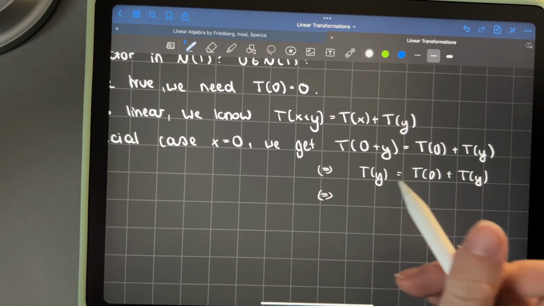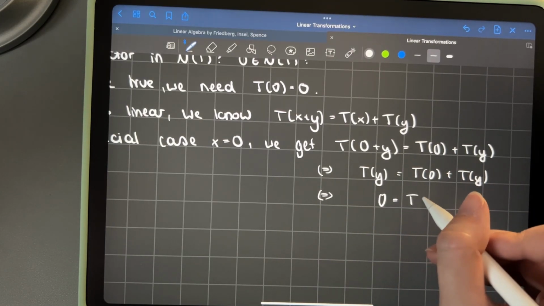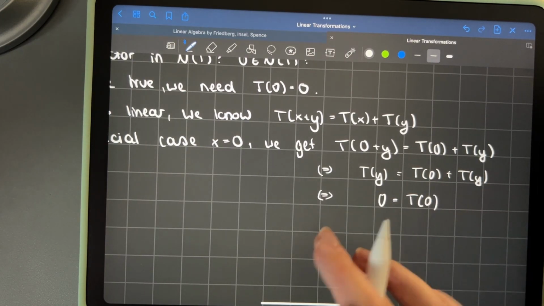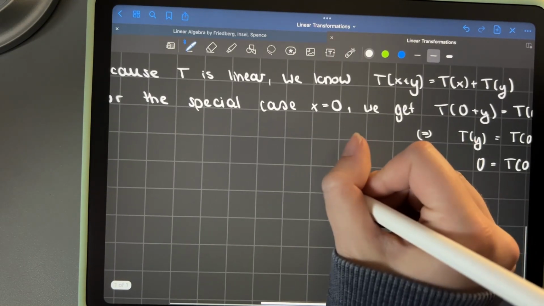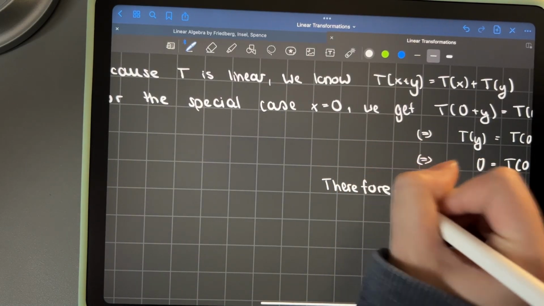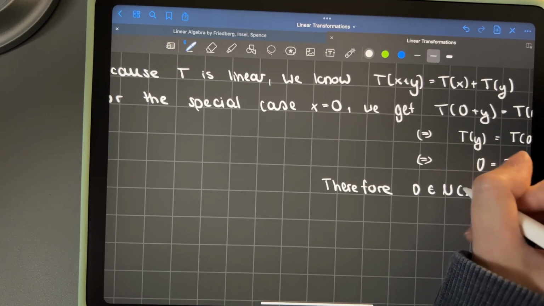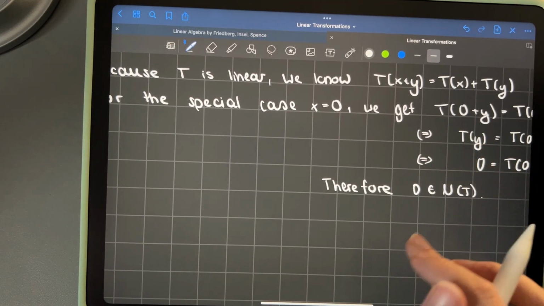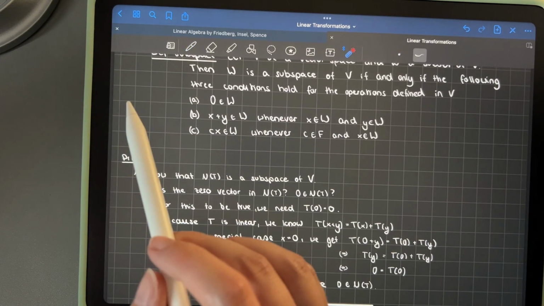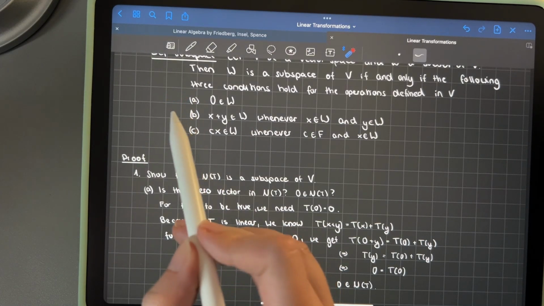And now if we subtract T of y on both sides, we get that T of 0 has to be 0. And therefore 0 is in the kernel.